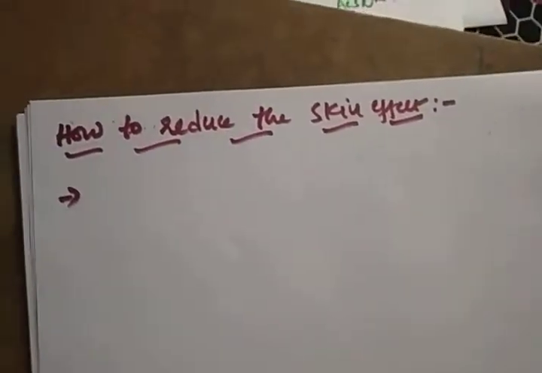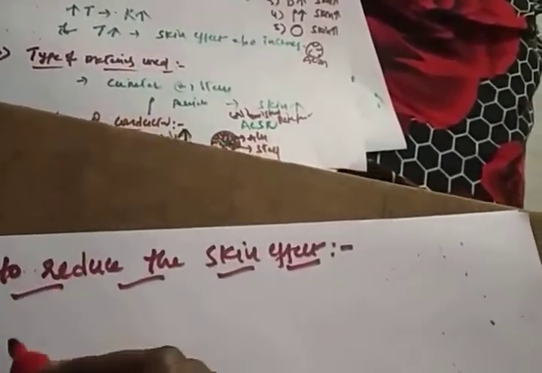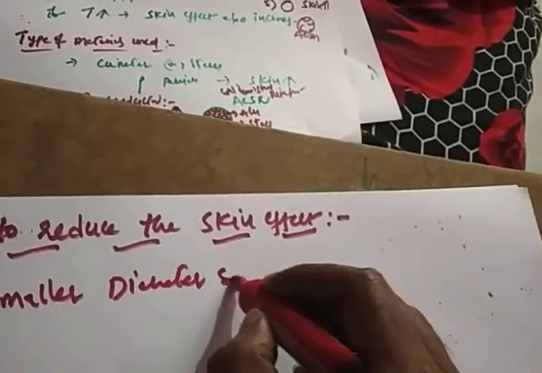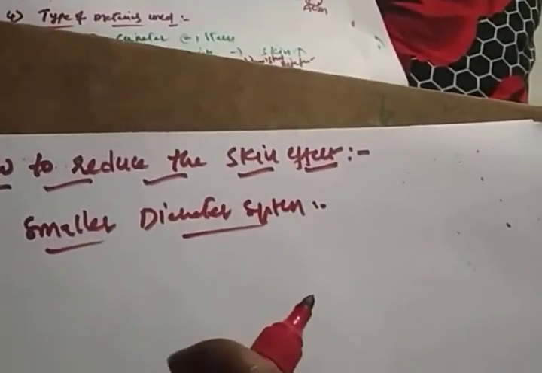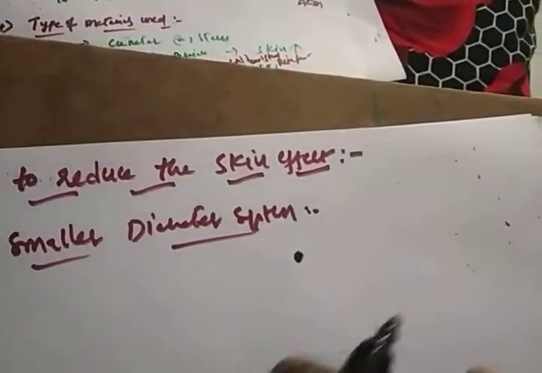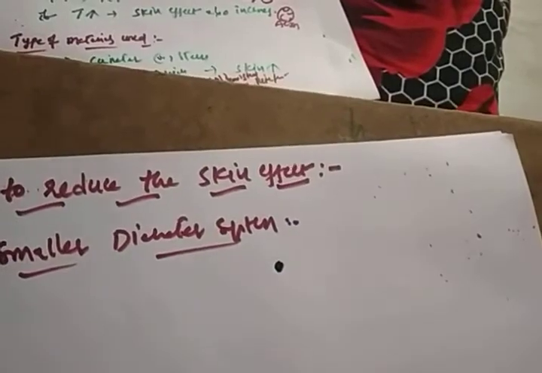So how can you reduce the skin effect? The first concept is smaller diameter systems. If the line has thin sections, like smaller diameters, then there is no loss in the conduction part.